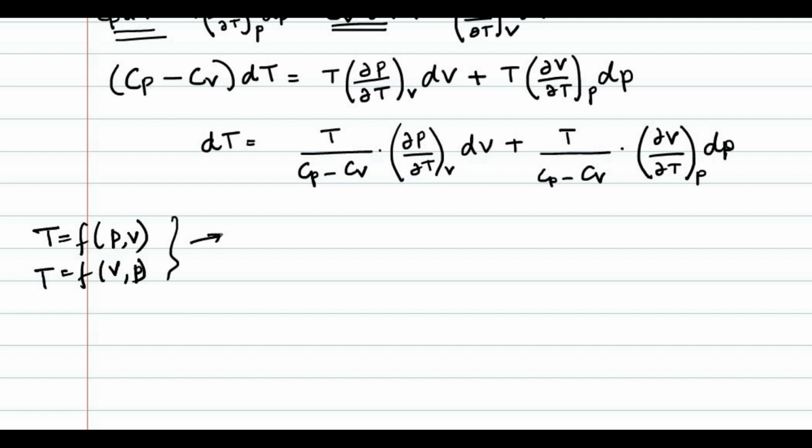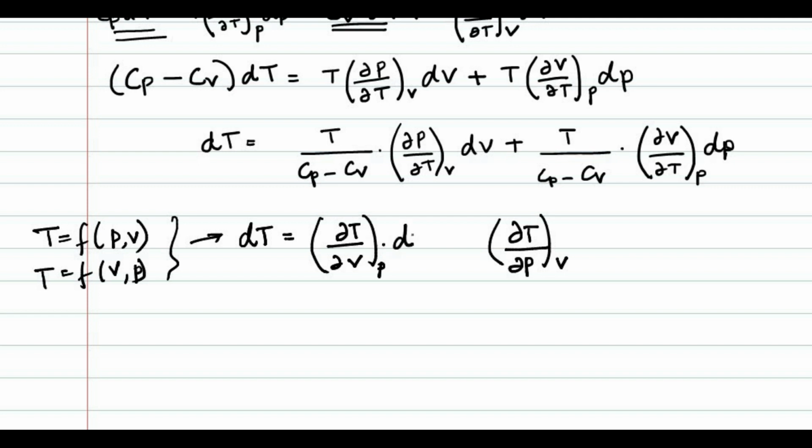So from this we can write dT is equal to dou T by dou V at constant pressure into dV plus dou T by dou P at constant volume into dP. Whatever term is in the denominator, I write its differential here also: here I have dou P, so here dP will come.